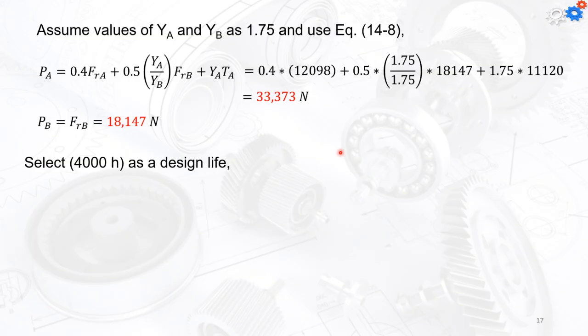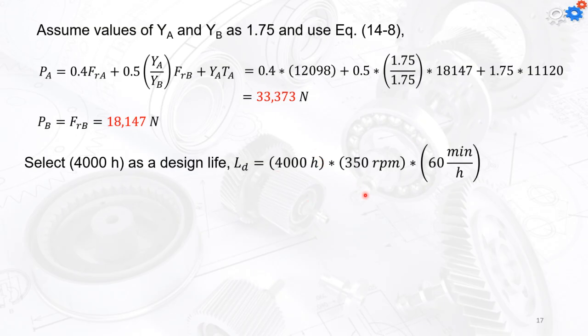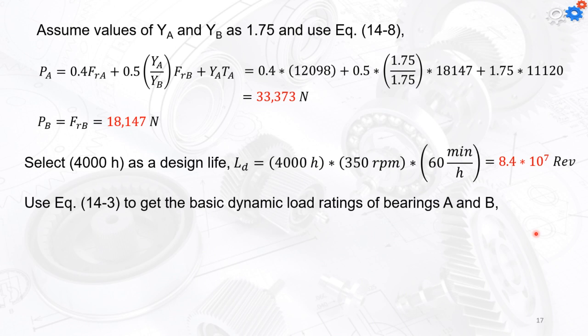Now select the 4,000 hours as a design life, and the LD in that case is going to be equal to 4,000 multiplied by 350 RPM multiplied by 60, and this will be 8.4 multiplied by 10 to the power 7 revolutions. Now we can calculate the C by using equation 14.3.